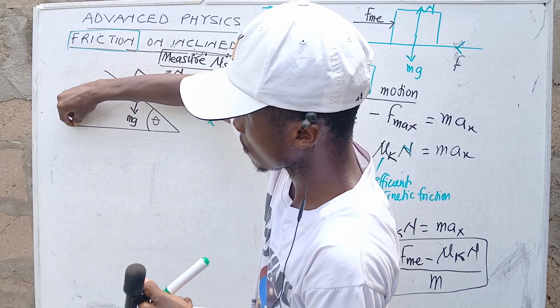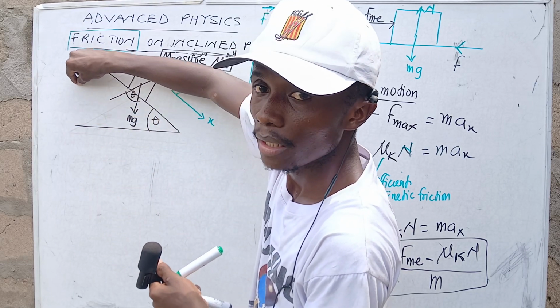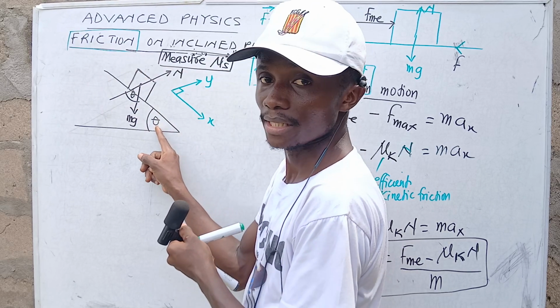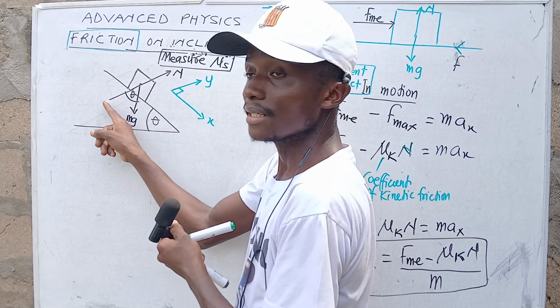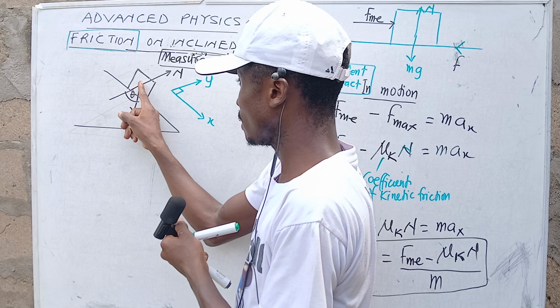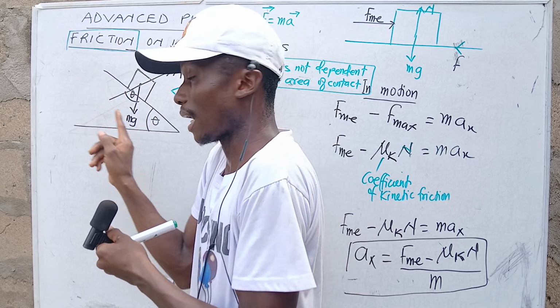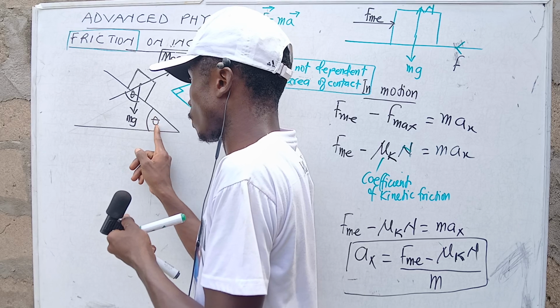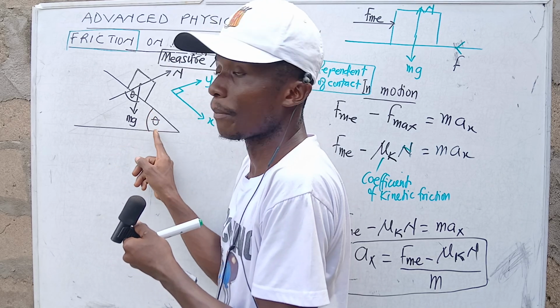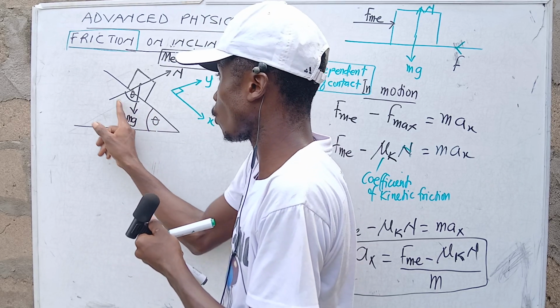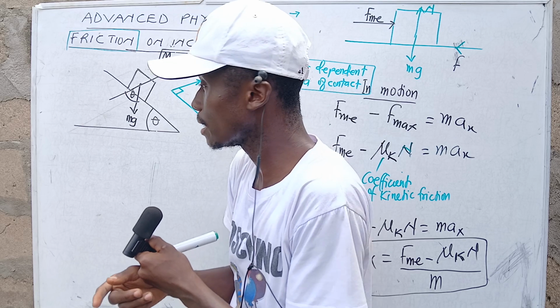But as you start moving it up, creating an angle theta, this line, which was initially parallel to mg, will also start moving up at the same angle that this one opens. So when this one opens by pi over 2 radians, this also opens by pi over 2 radians.